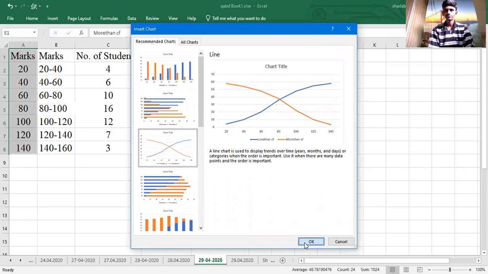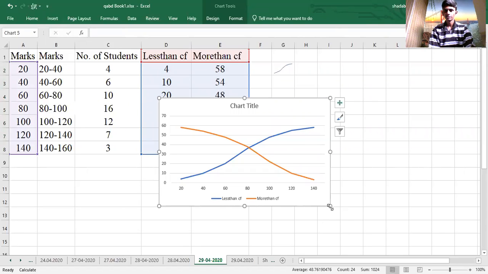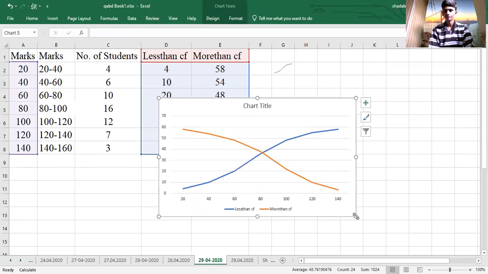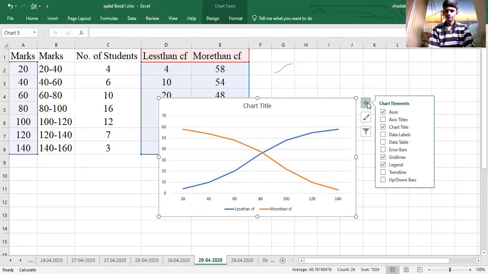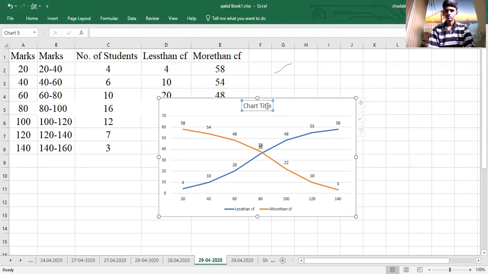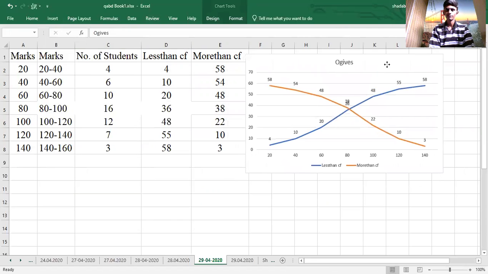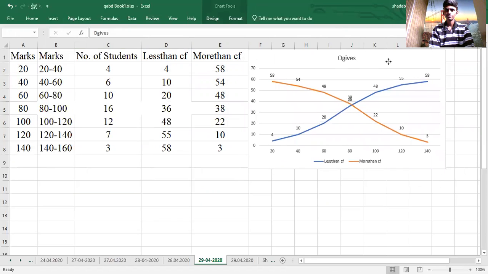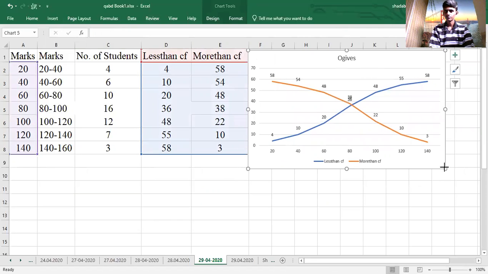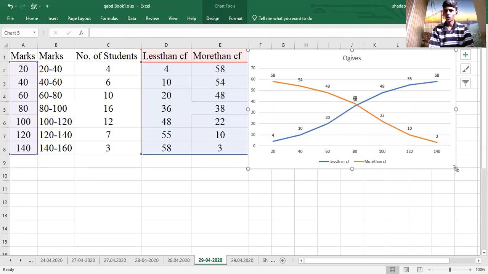Here we arrive to our OGIVE. This is our overview. How much is this intersection?